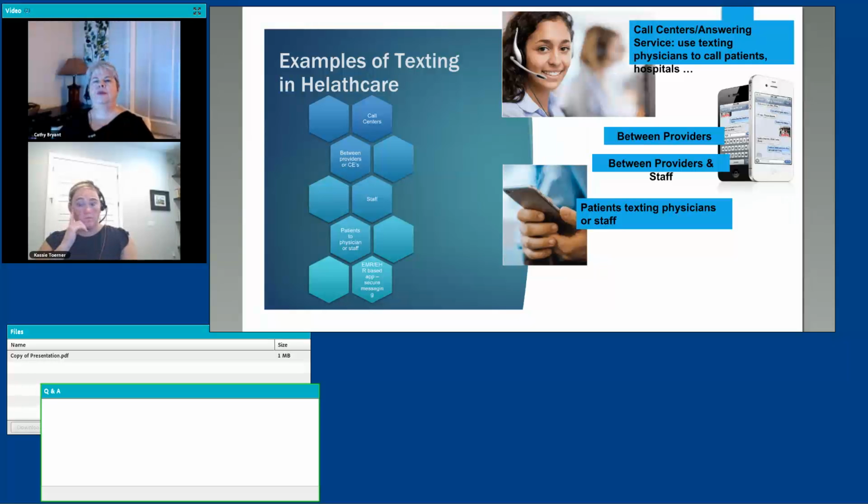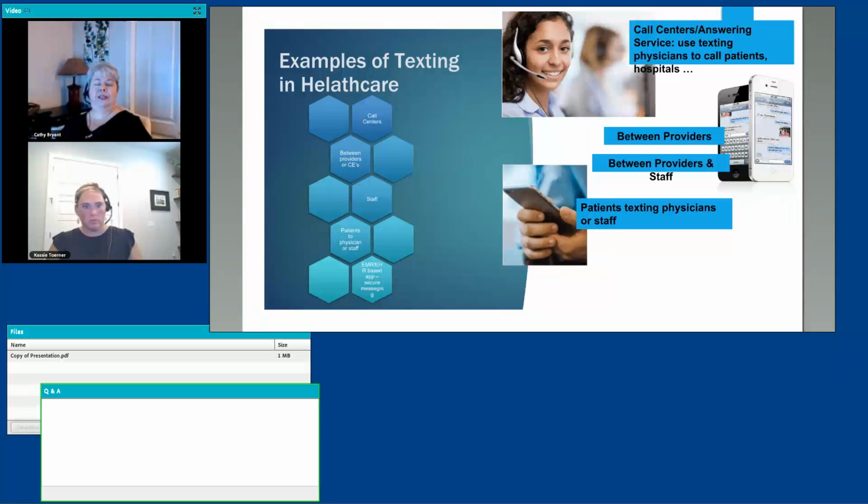But the important point is, how do you respond to that text message? Do you answer back with a bunch of questions that then have the patient send a bunch more protected health information? You might just want to be careful.